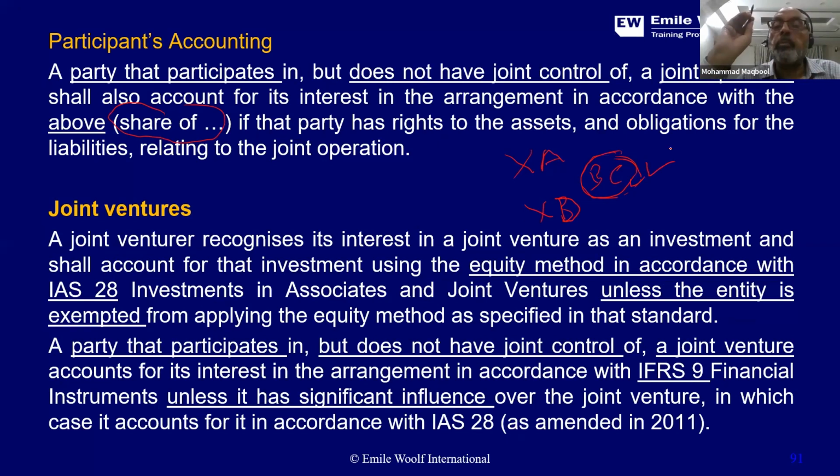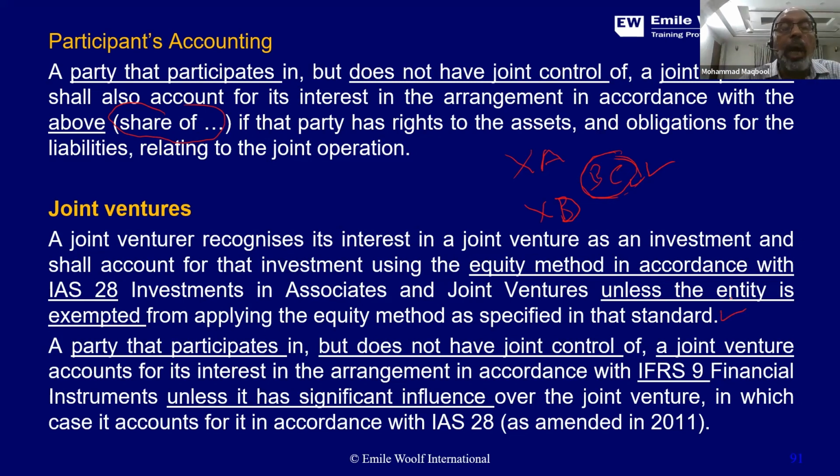In accordance with IAS 28, investment in associate and joint venture, unless the party is exempted from applying the equity method. Already today we talked about the exemption from applying the consolidation method in IAS 28. I reminded you at that time, there is the same condition where there can be exemption from applying the equity method, otherwise equity method.